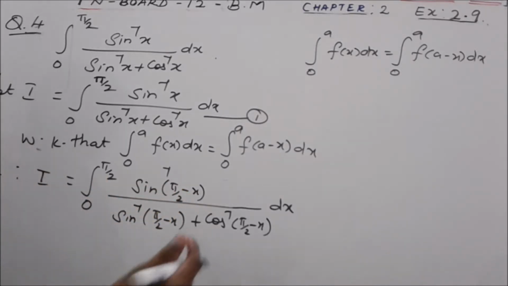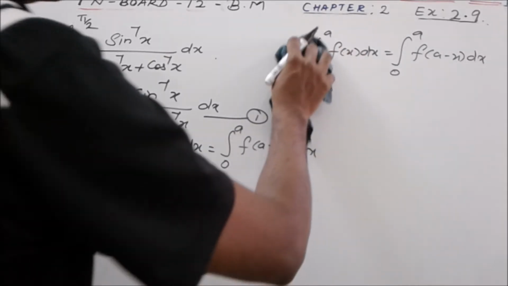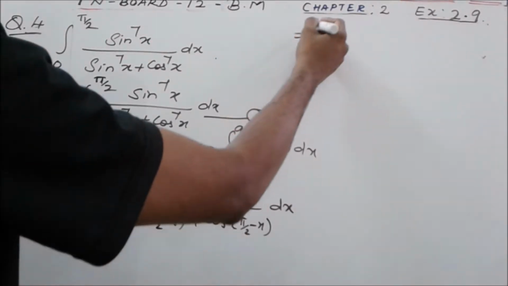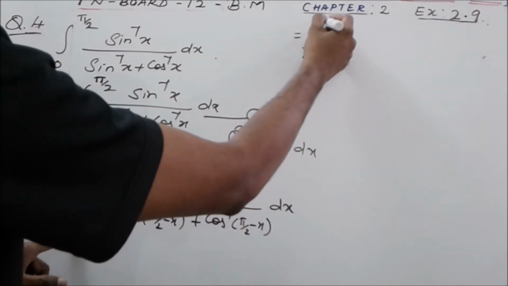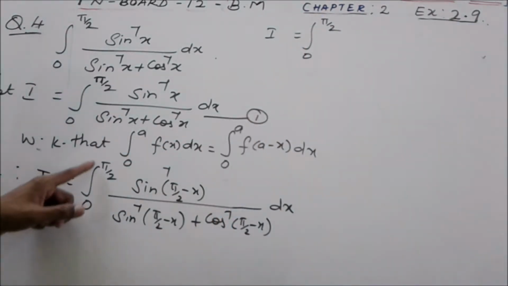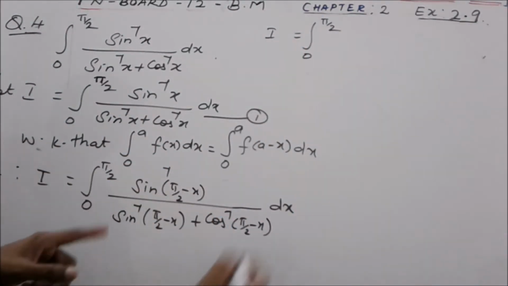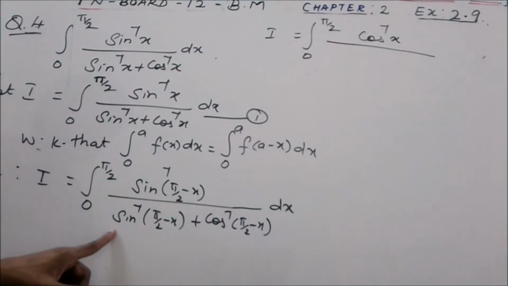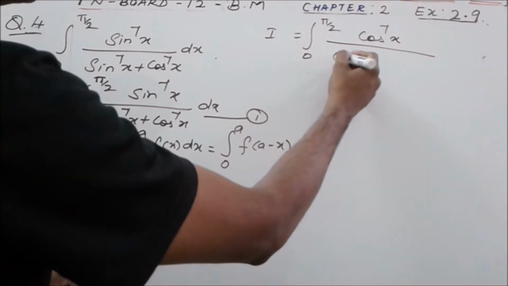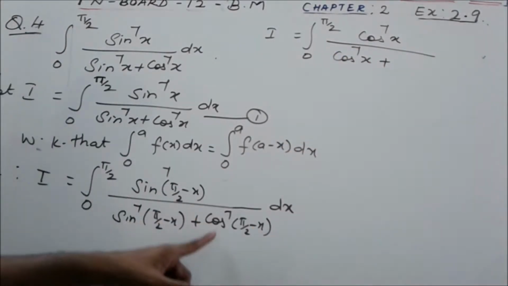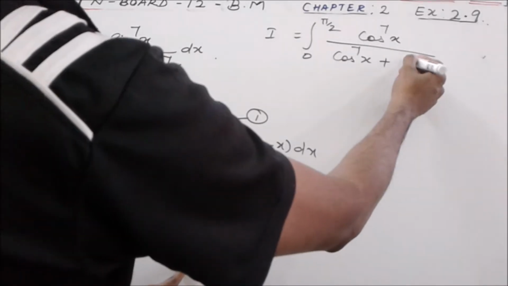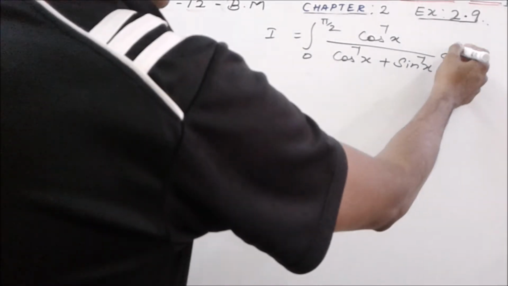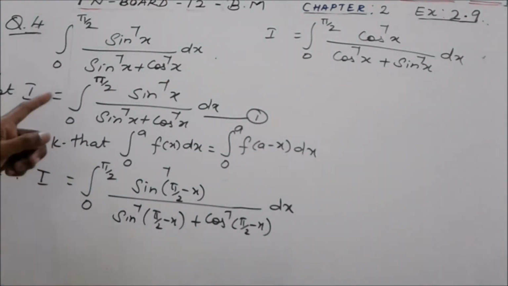So this integral will be equal to integral 0 to pi by 2, I equal to integral 0 to pi by 2 of cos^7 x divided by cos^7 x plus sin^7 x, dx.